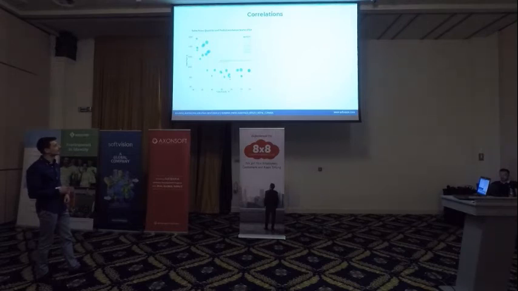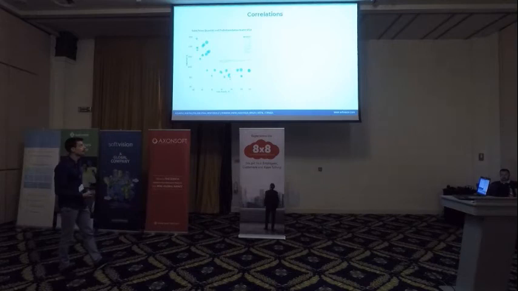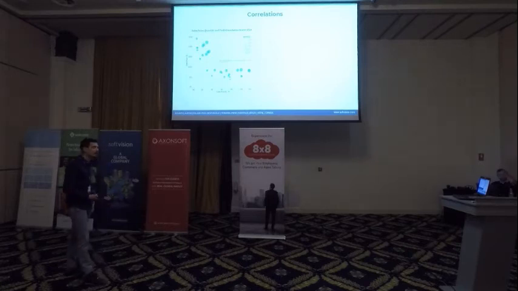Since you're seeing the same size of the circle here and here and here, what this can tell you is that the sale price or the sales quantity doesn't affect the net profit of that product. In this case, for some other data, it could be a completely different statement.